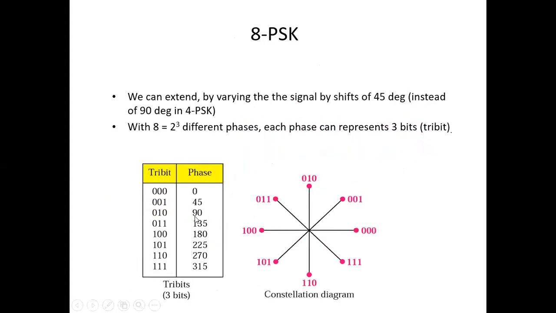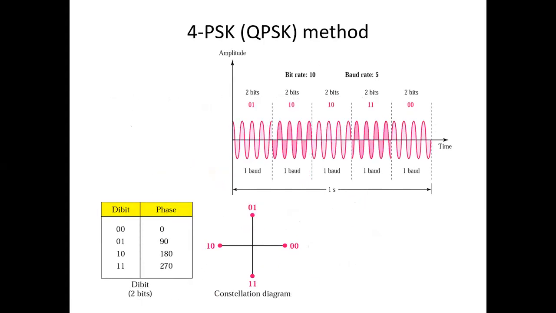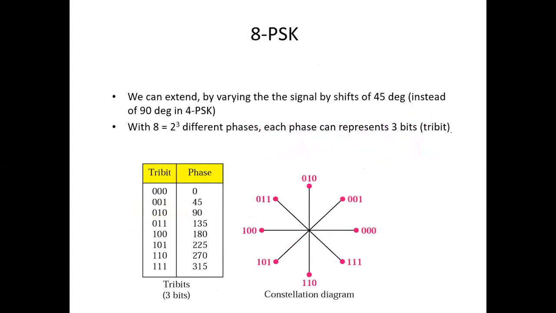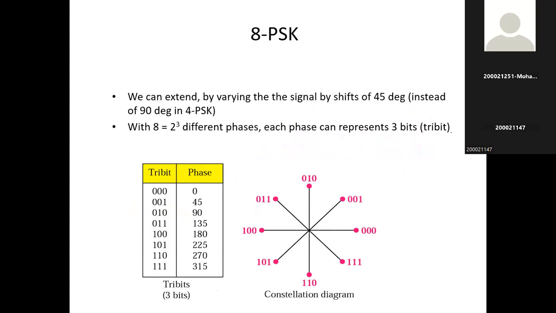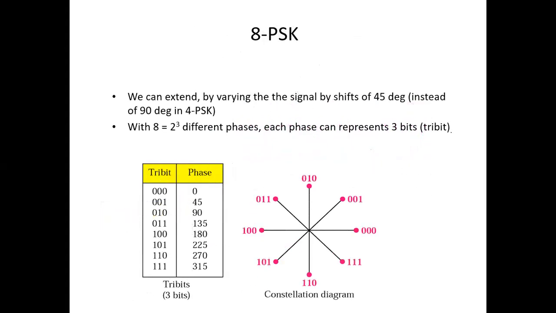No problem. It is then called 8 PSK. If you have 2 bits with phase combination, then it is 4 PSK, also called QPSK, quadrature phase shift keying. For 8 PSK, you have 8 different start phase values, equally spaced.